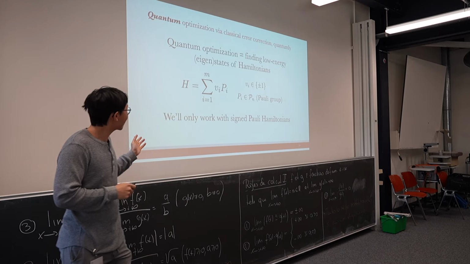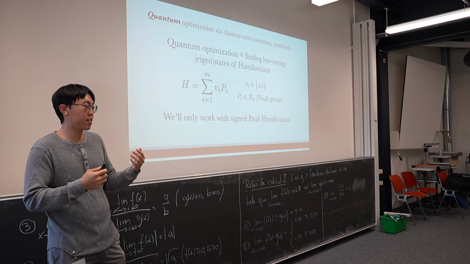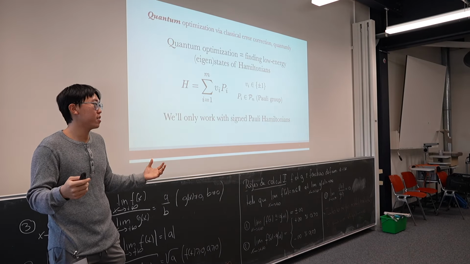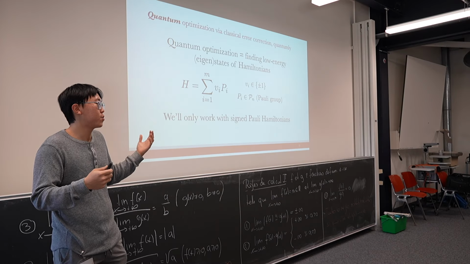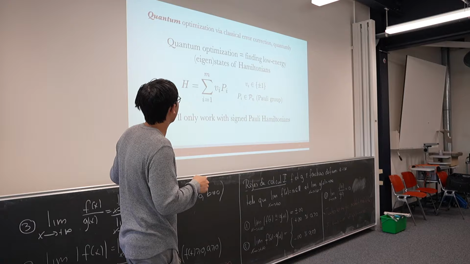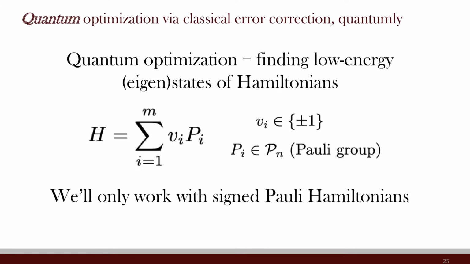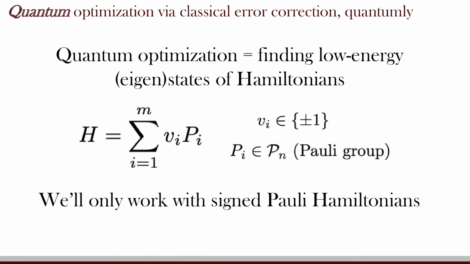What is quantum optimization? Quantum optimization changes you from optimizing some particular function, like this matrix, to optimizing a Hamiltonian. And here, I'm going to just work with signed Pauli Hamiltonians. So these P_i's are n-qubit Paulis, and these v_i's are just plus or minus 1.